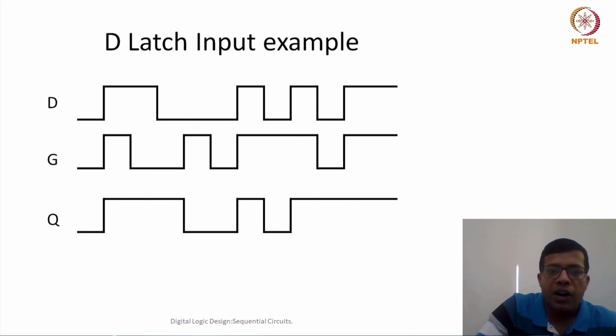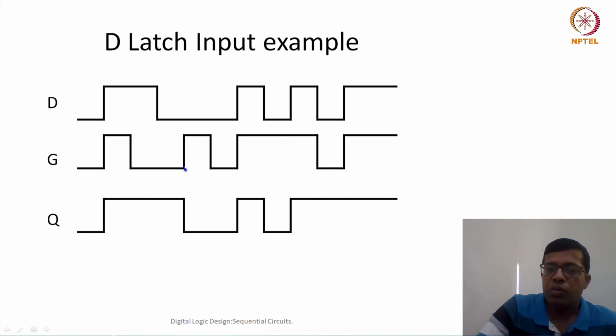Now after this one cycle, G has become 0. Because G is 0, D latch will not even look at the value of D, but whatever the previous output was, 1, will remain as 1 until G becomes 1 again. So G is 0 till here, and my output will remain 1 till this point.